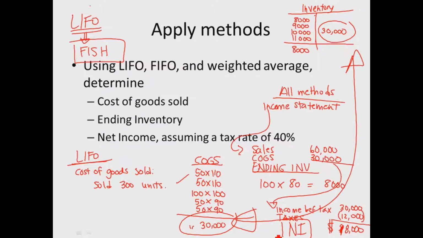The tax rate is 40%. So this is a company which is reporting on its financial statements net income of $18,000. It is paying real taxes of $12,000 to the government.